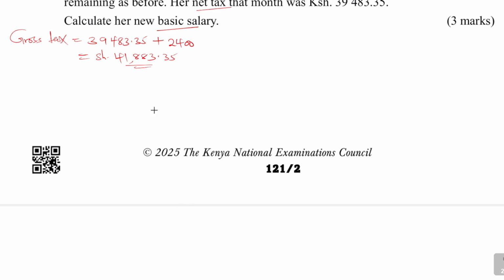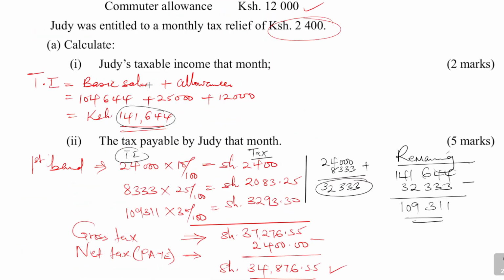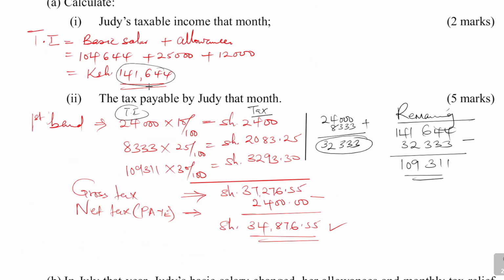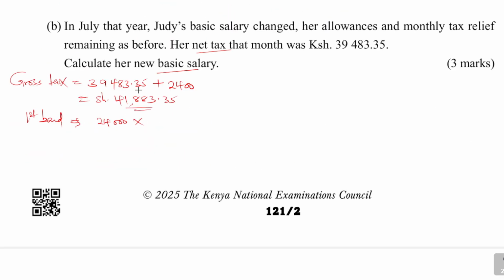Now, how do you get this gross tax? Of course, we use the taxation band. Look at the first band. The amount there was 24,000, which we are getting from part A. 24,000 times 10% gives us a tax of 2,400.